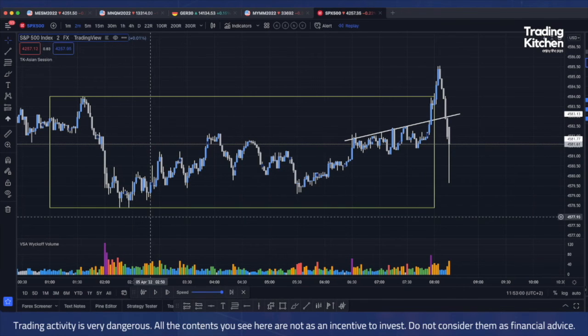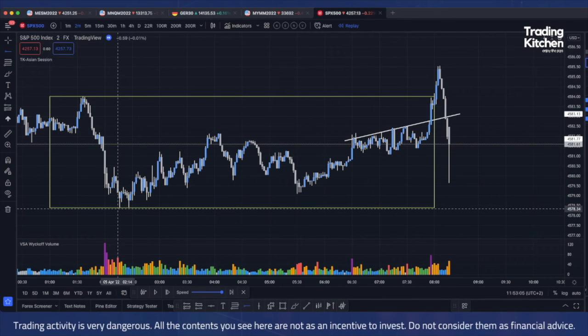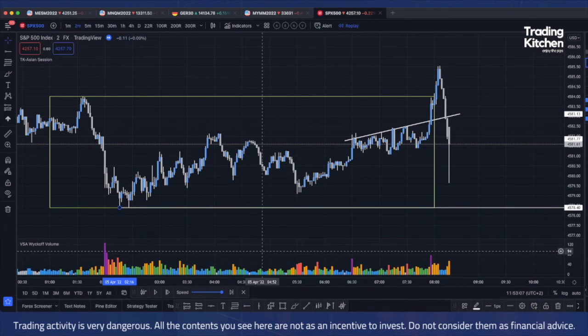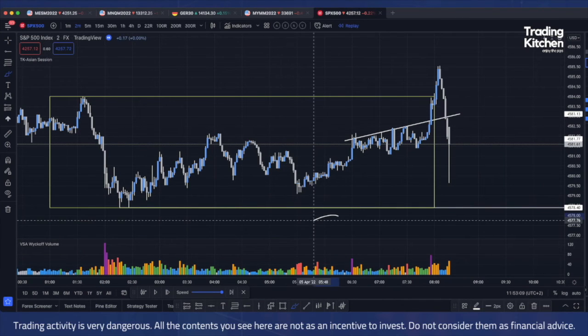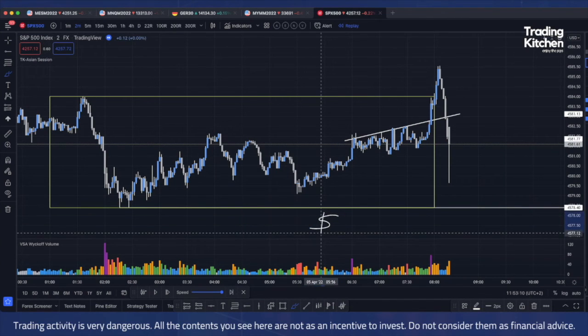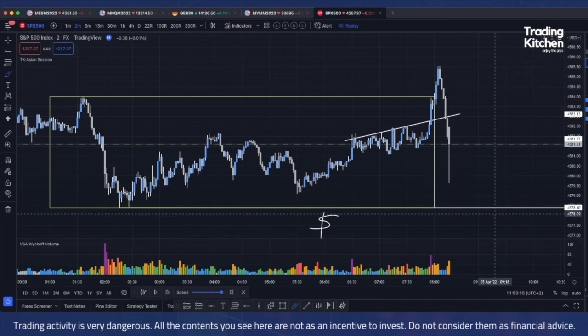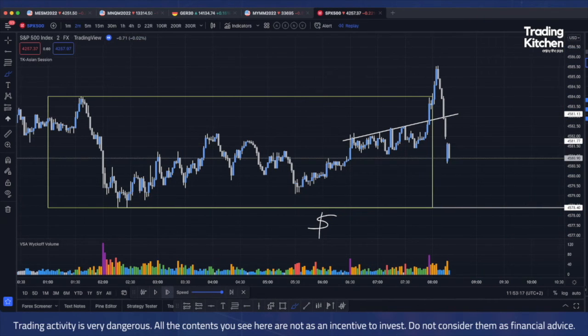Then here we have a double bottom, so liquidity. Here we have liquidity. So this kind of view could be very, very good. Let's see what happens.